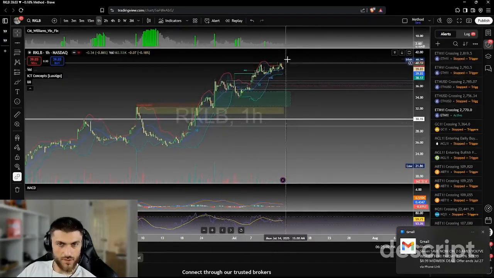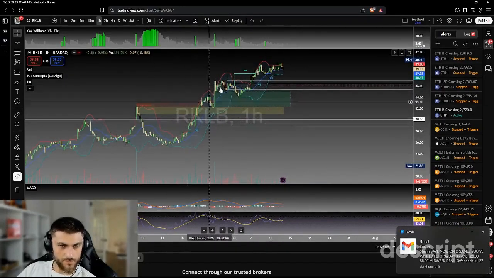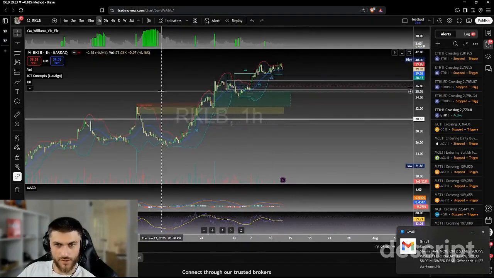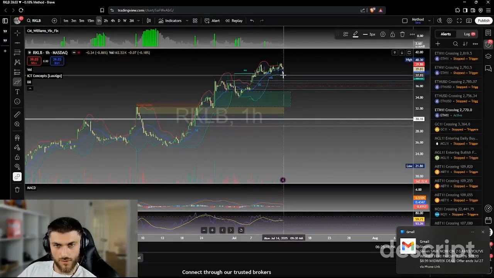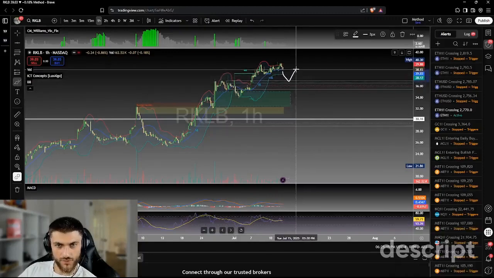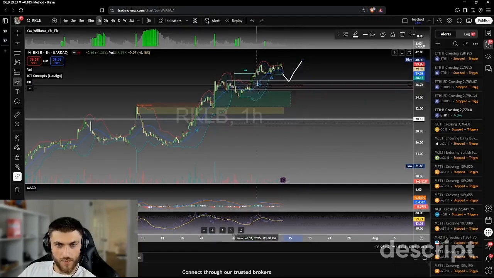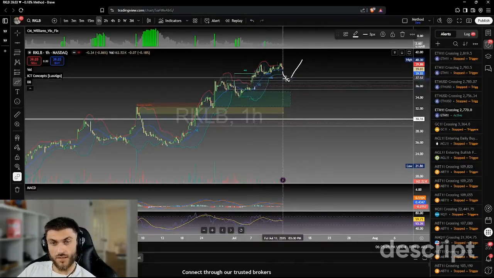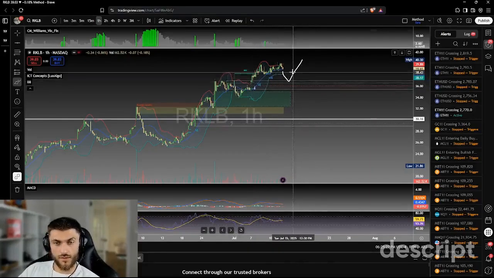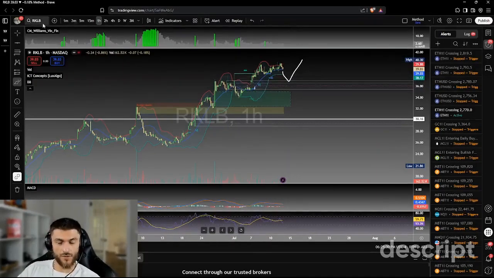Kind of looks like we're in a... I'm not going to get into Elliott waves, but what I'd be looking for on this ticker in particular is to possibly fill this gap here or find support right around it in this volume imbalance, and then establish a higher low before making another move to the upside.